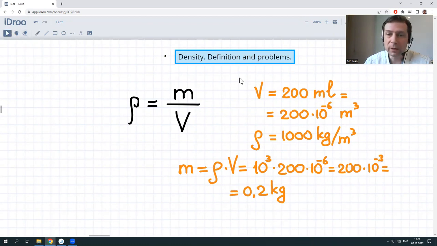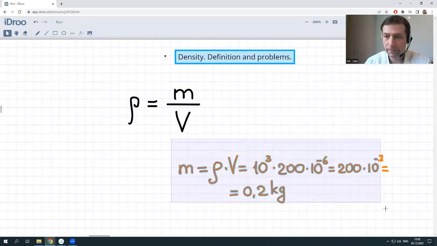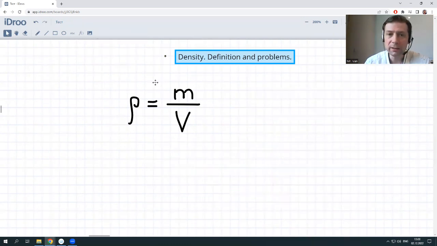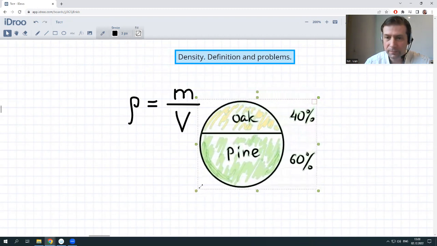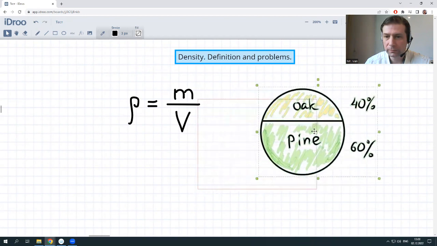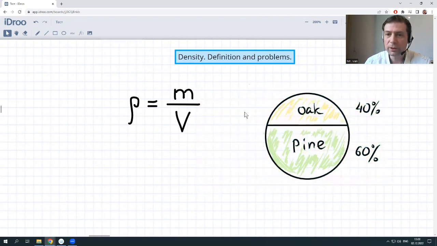Now let's take a look at a different problem, which is a bit more challenging. So I have now a ball which consists of 40% of volume of oak and 60% of volume of pine wood.